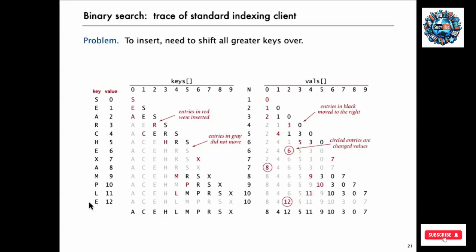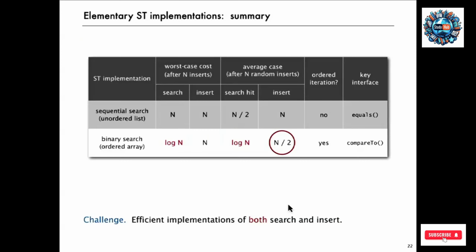And if it's changing the value associated with a key that's already there, then it's just a matter of finding where the key is and changing the value at that index. So from that trace, it's pretty easy to see what's involved for the code, and we'll skip that code and just take a look at the comparison between this elementary implementation for symbol tables and the sequential search in an unordered list.